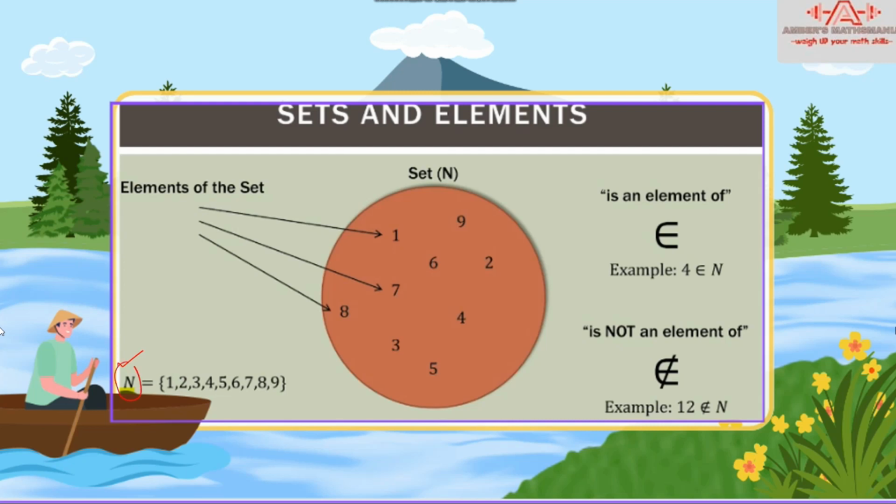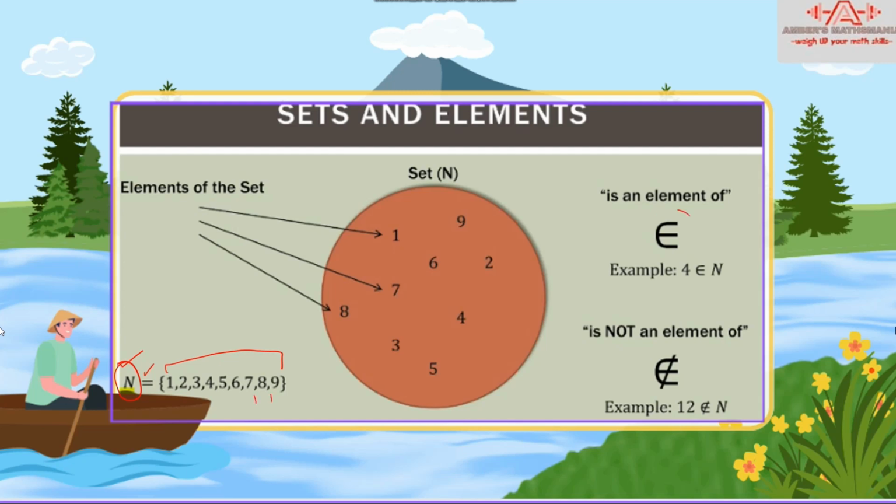The capital letter denotes the name of the set, the equal to sign will be there, and we have to write down the elements of set N within curly braces, all separated by commas.